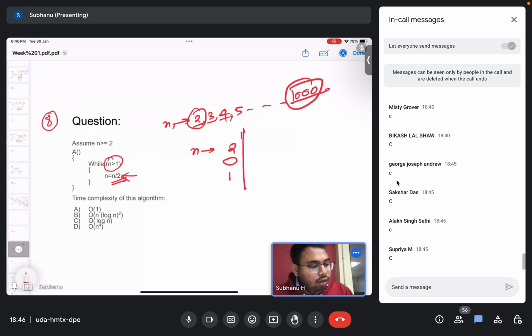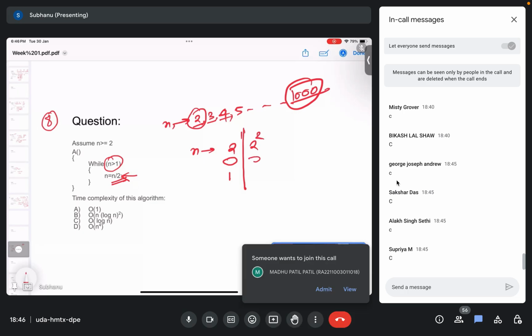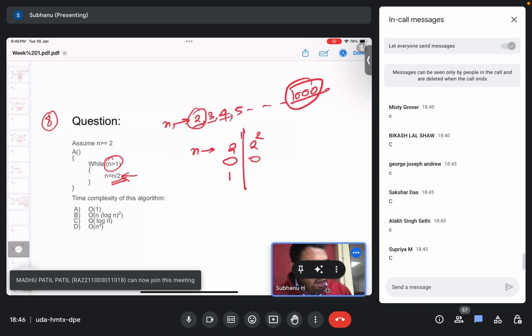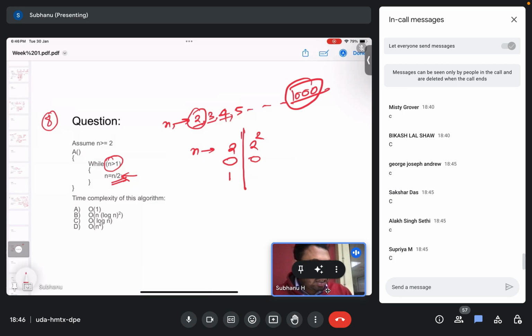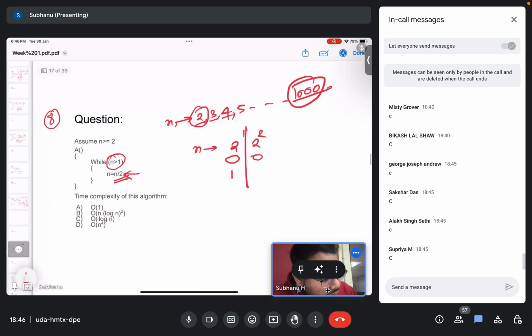Then if you start from 2 to the power 2, it again checks this condition, n greater than 1 or not. So 2 to the power 2, that is 4, is greater than 1. Then n will be divided by 2, so n will be 2.